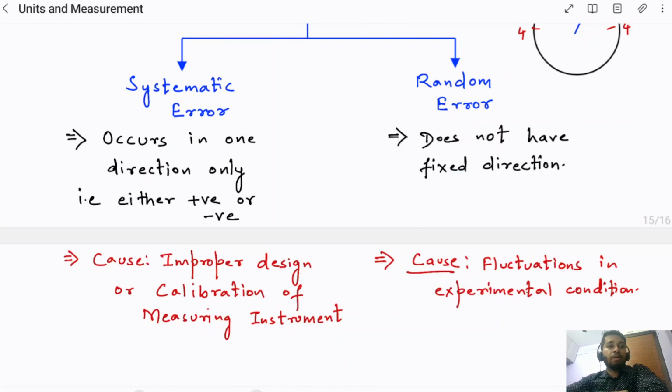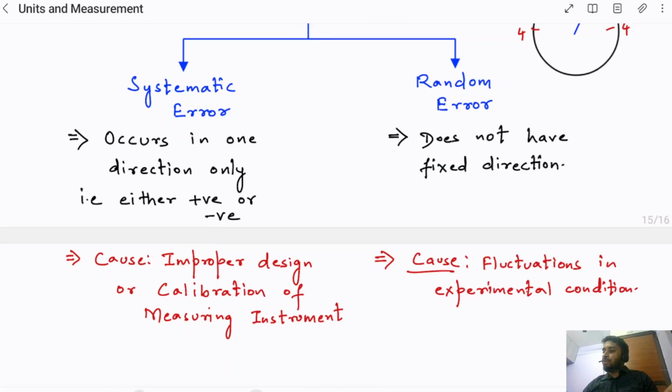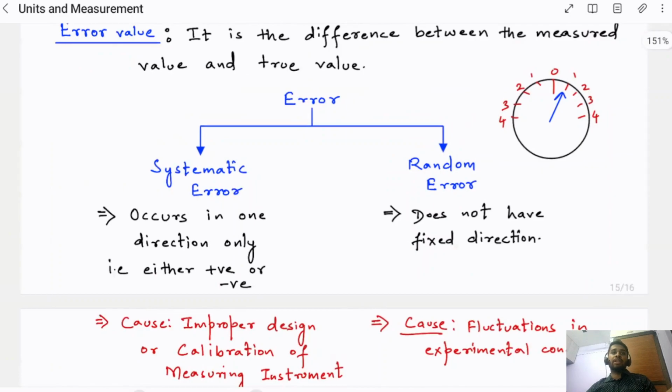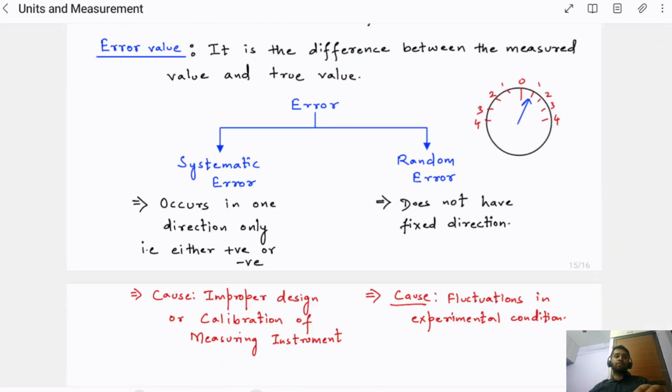Or if you are conducting some thermodynamic related experiment and there is a sudden change in the temperature or pressure of the surroundings, or if wind starts blowing, then those things can lead to random error. I hope you have got some idea about the difference between random error and systematic error.